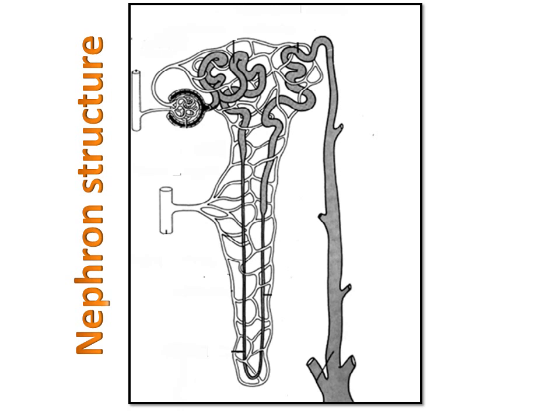This is another structure for the nephron. Look at the glomerulus inside the Bowman's capsule, and the Bowman's capsule leads to the proximal convoluted tubule, then to the loop of Henle, then to the distal convoluted tubule, or the second coiled tubule, then to the collecting duct.